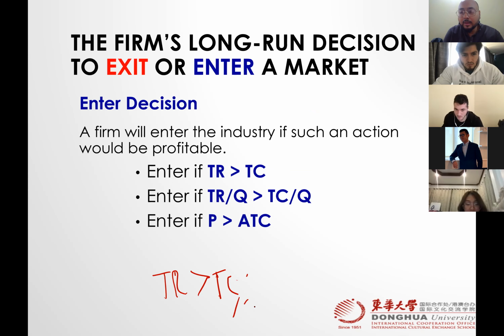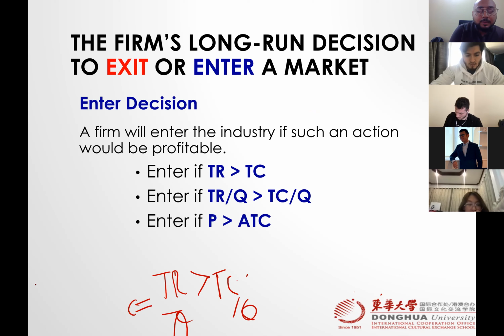If you divide both sides by Q, it would be average revenue greater than average total cost.